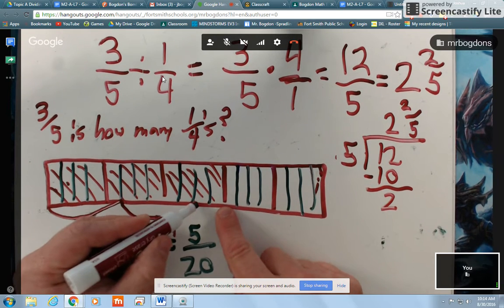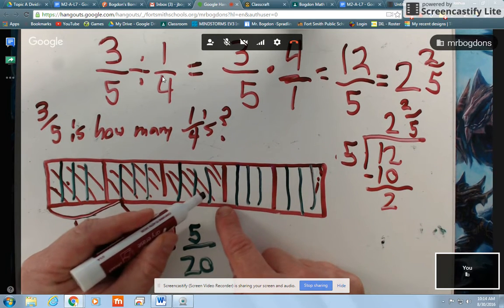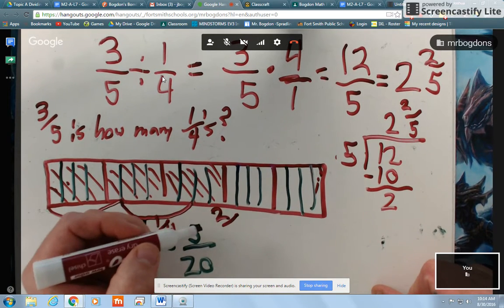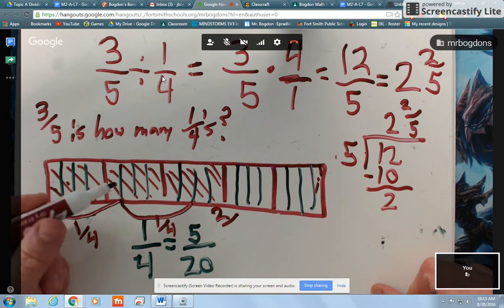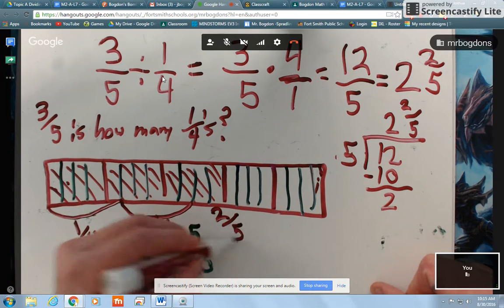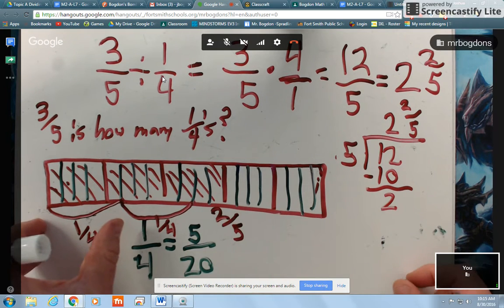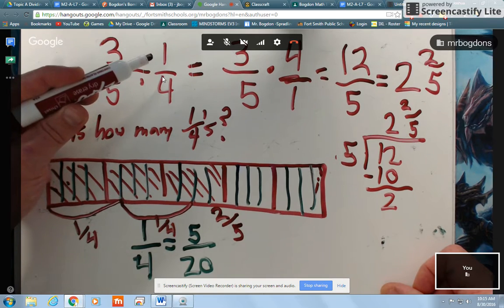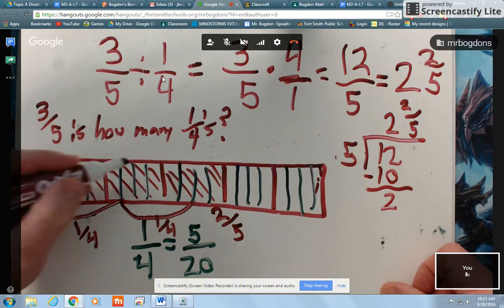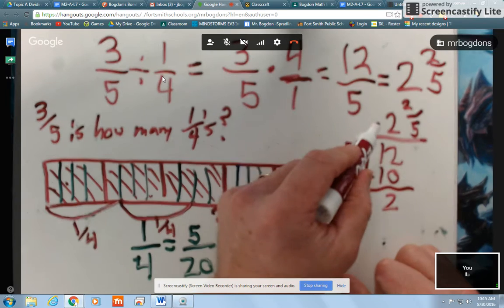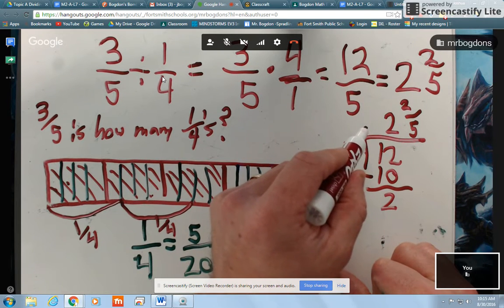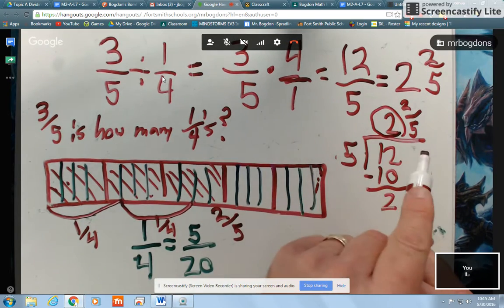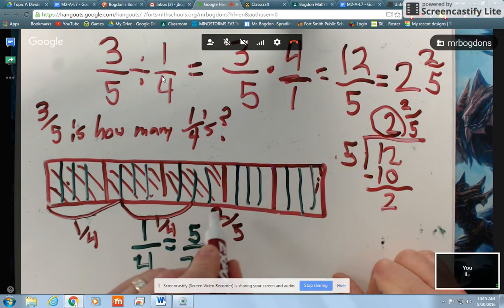Then how many are left behind? 2 fifths. Because each one of these quarters is one group of 1/4. So here's one group, 2 groups. Where do I see 2 groups over here? The 2. Where do I see 2 fifths over here? It's my remainder. It's what's left behind.